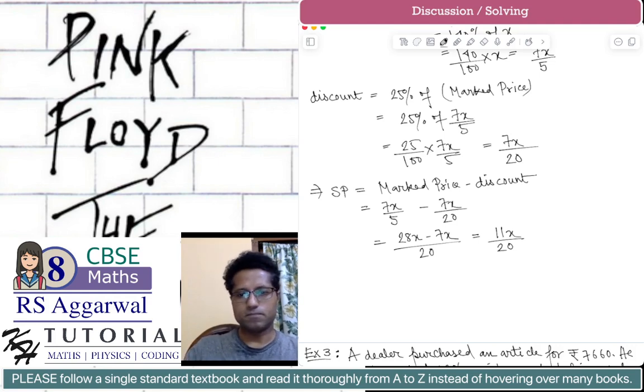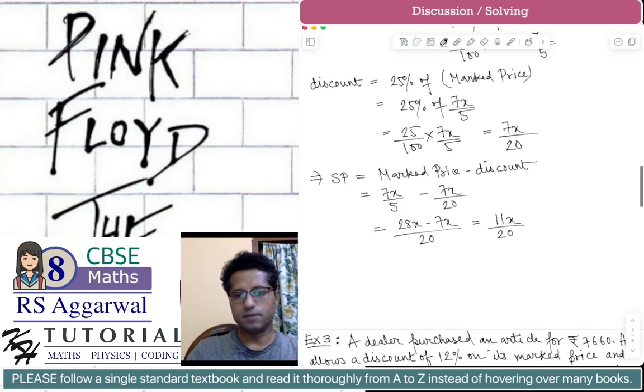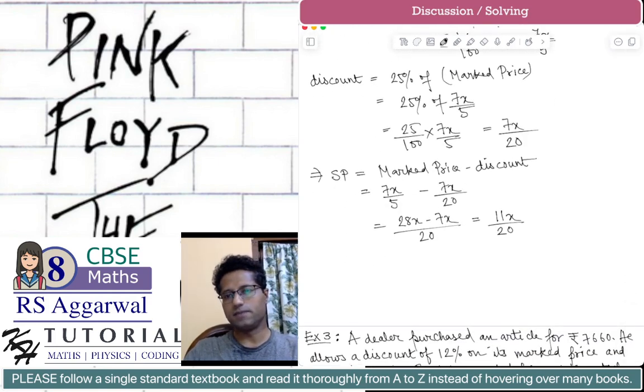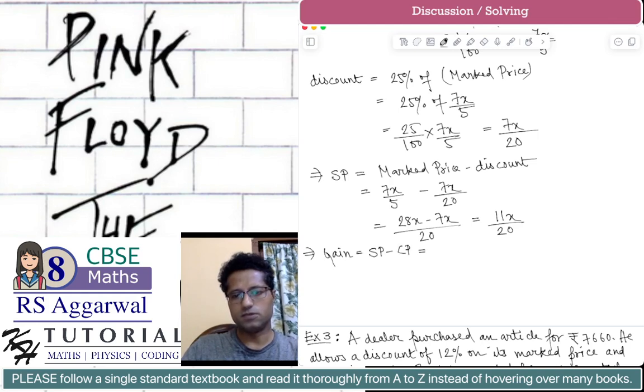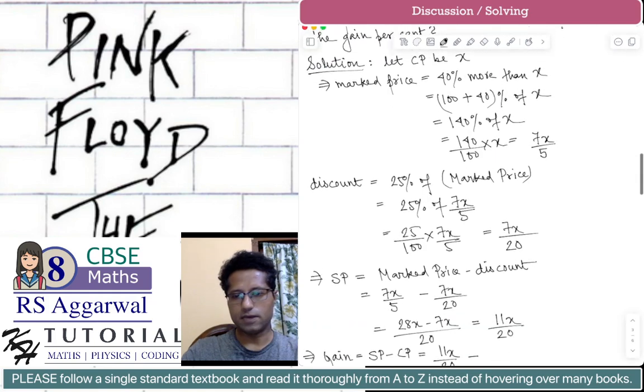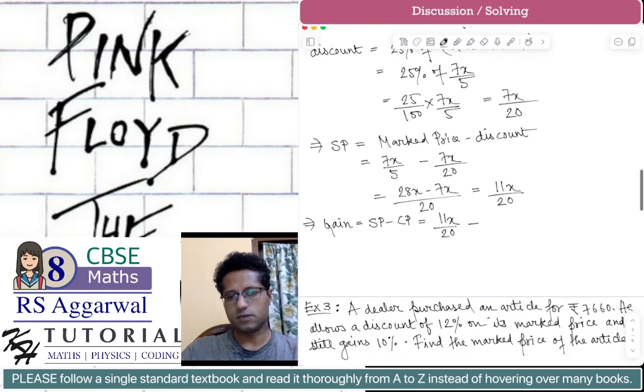Okay, now it is asking what is the gain percent. Since it is gain percent, obviously there must be some gain. So what will be gain? Gain is selling price minus cost price, which is equal to 11x by 20 minus CP, which was x.